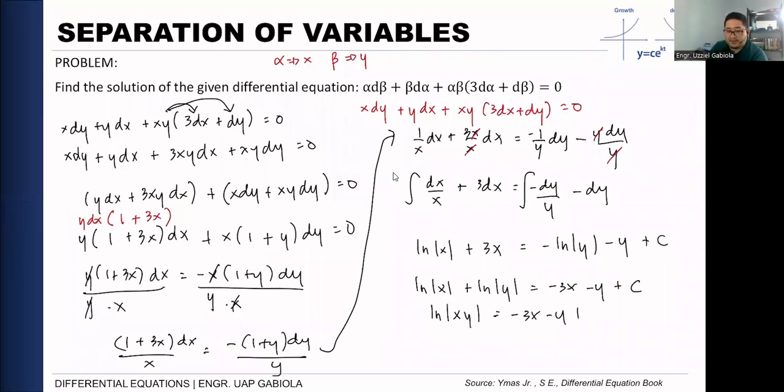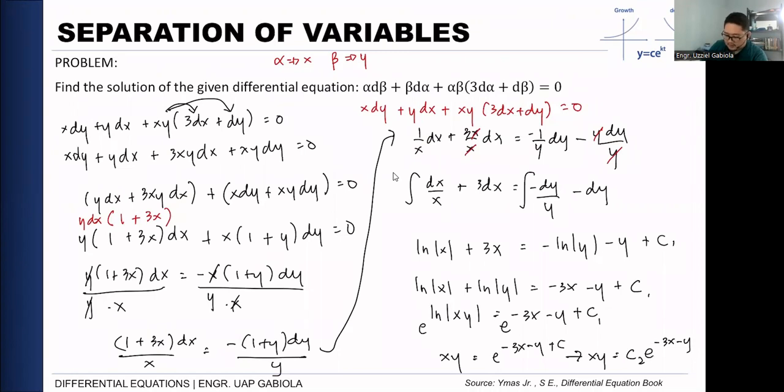So, pag sinimplify pa natin, we can raise sa e yung both side. This will be xy is equals to e to the negative 3x minus y plus c. Or, we can do that as xy is equals to c2, lagyan natin c1 to, e to the negative 3x minus y.